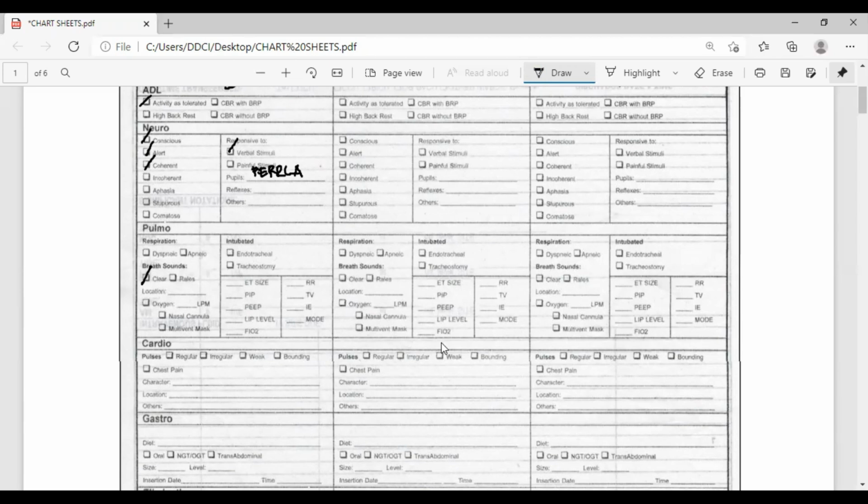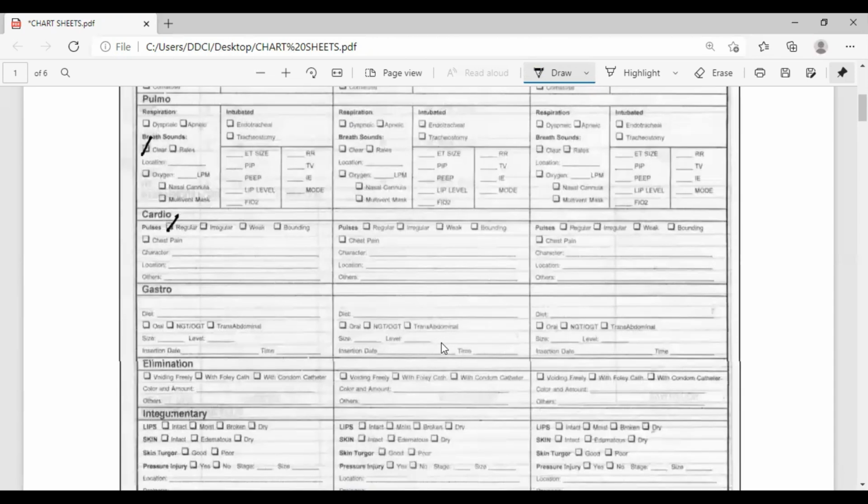Okay, for the cardio, you have your pulse. Check if it's regular, irregular, weak, or bounding. So let's say regular for our patient. You have your chest pain. If there's chest pain, you write character, location, and others. Okay. And for the gastro, you have your diet. Let's say the diet of the patient is low salt, low fat diet.